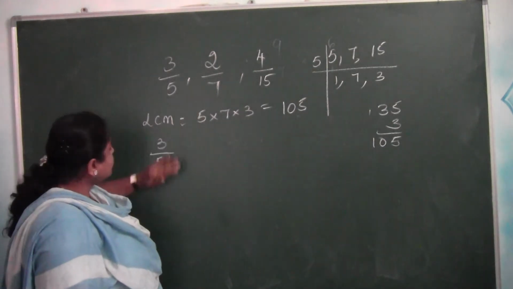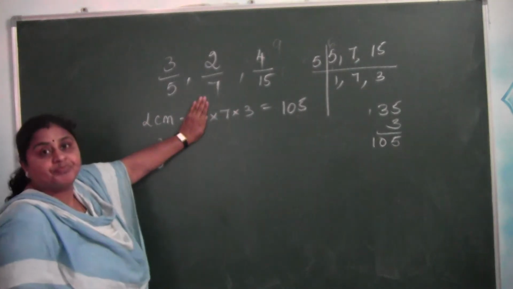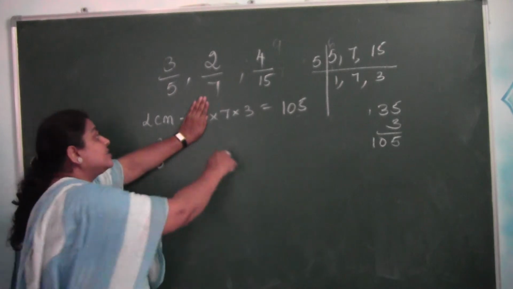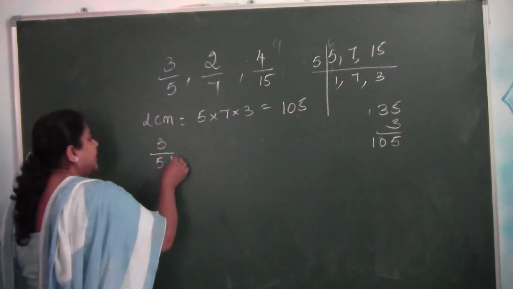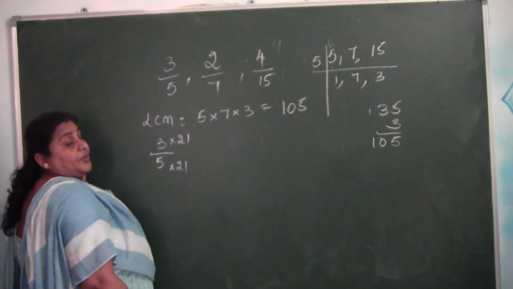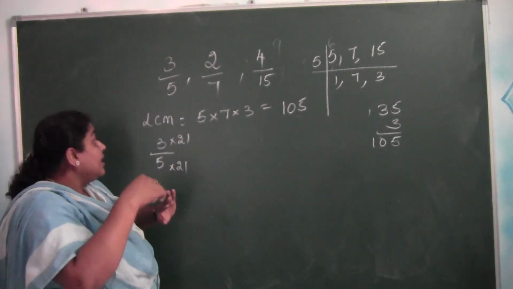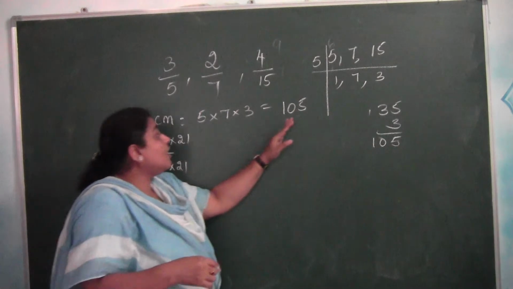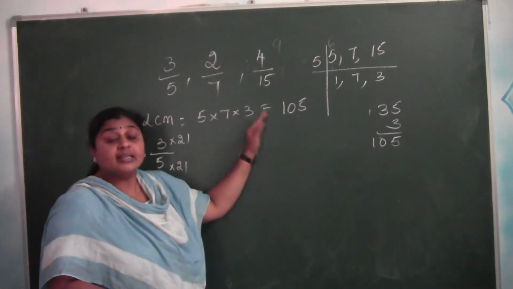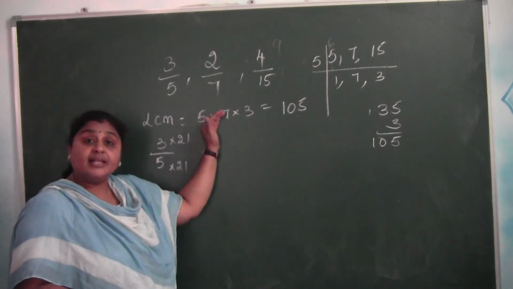Now I will close my denominator 5. Got it? Leftover numbers are 7 and 3. 7 threes are 21. It means multiply by 21. Instead of checking with which number you have to multiply to get 105, you can get it from the LCM itself.